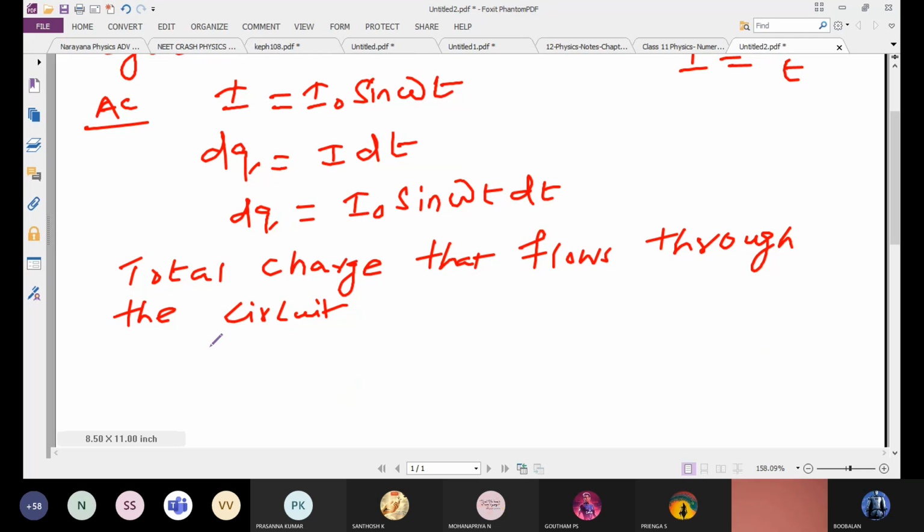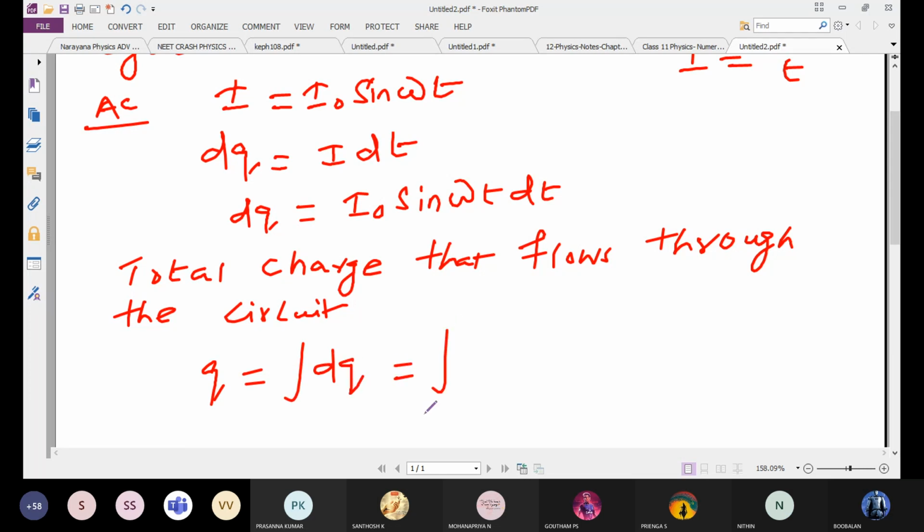I need only the value of Q. So Q equals integral dq, lower limit 0, upper limit t.